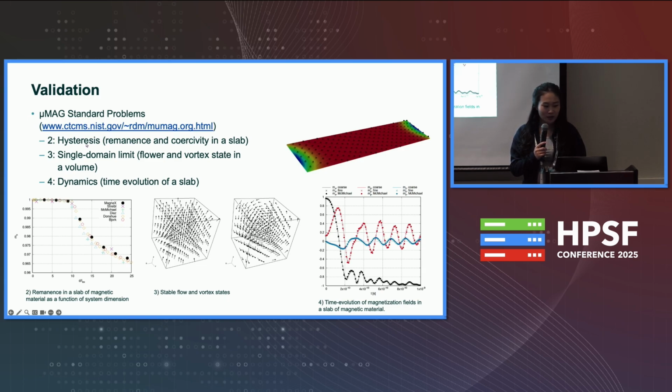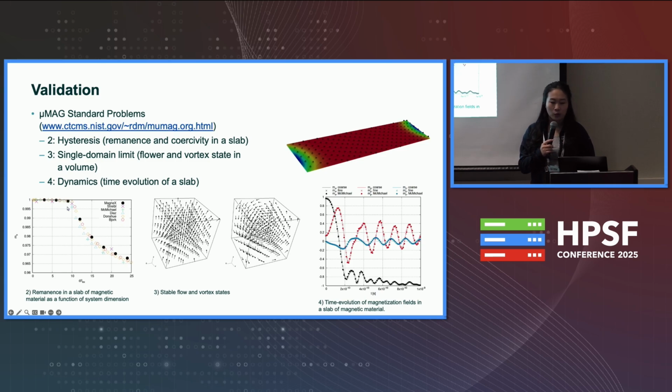Okay, so standard problems 2, 3, and 4 are listed here. Of course, we have standard problem 1, but for the limit of space, I will present the second, third, and fourth. The second problem is the remnant magnetization in a magnetic slab as a function of system dimension.